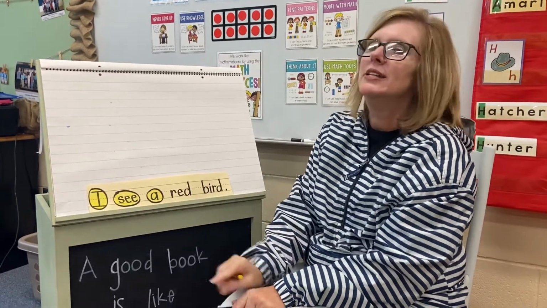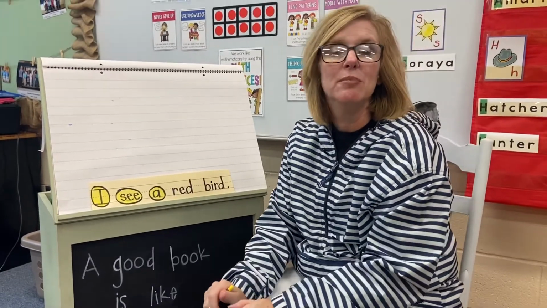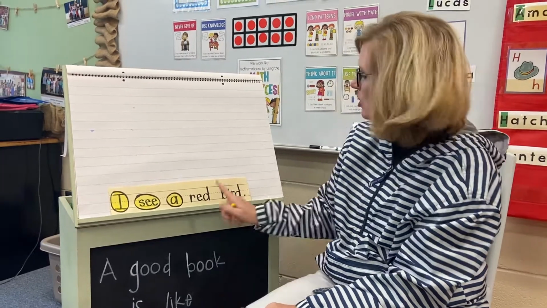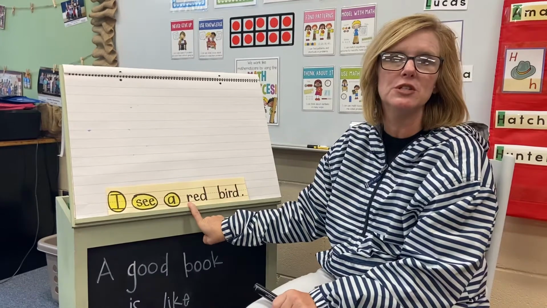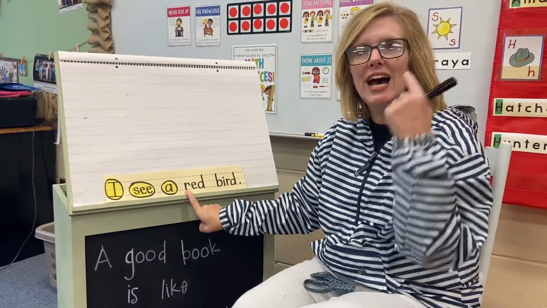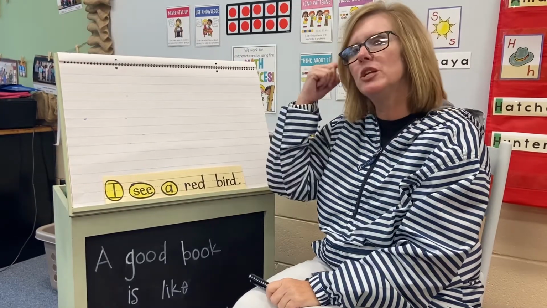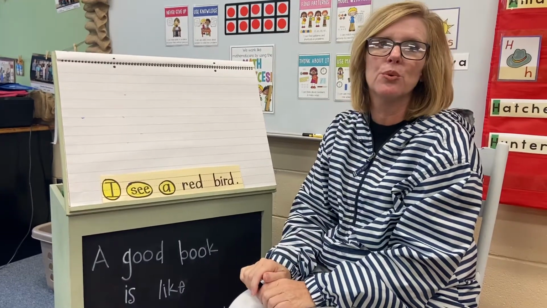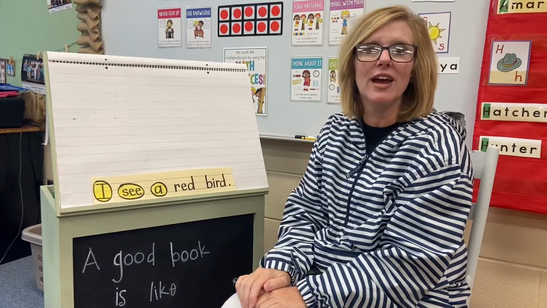Now, the next word right here, this is a color word because we're learning about colors in Brown Bear, Brown Bear. So to figure out what color it is, I'm going to look at the first letter of the word. And the first letter is R. And I know that R says R. So I'm going to think in my mind about a color that starts like R. And I know that red begins with that sound.